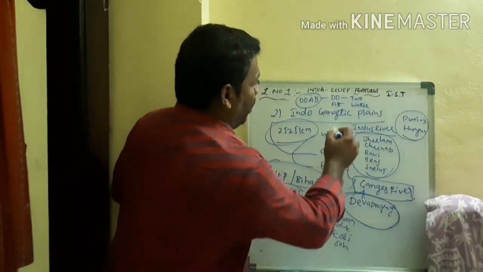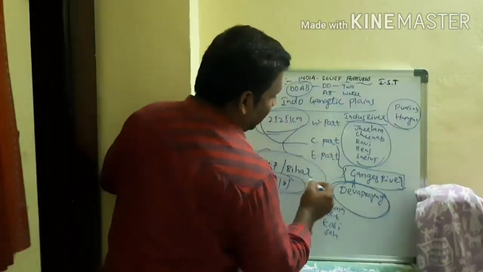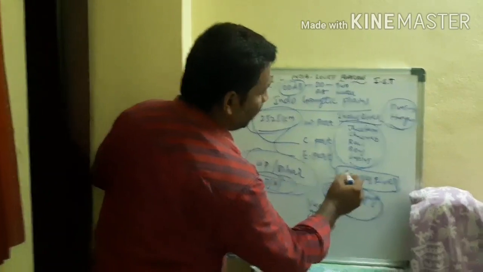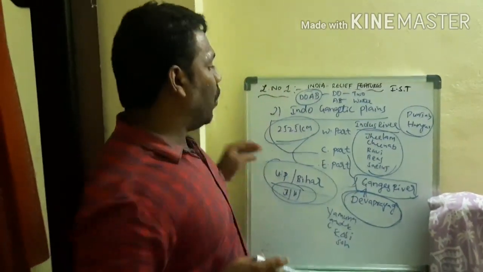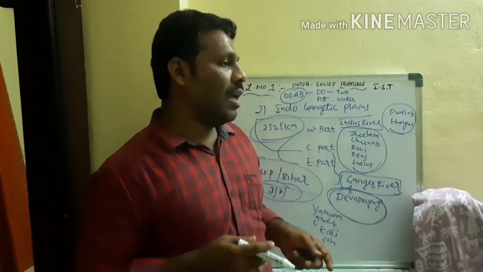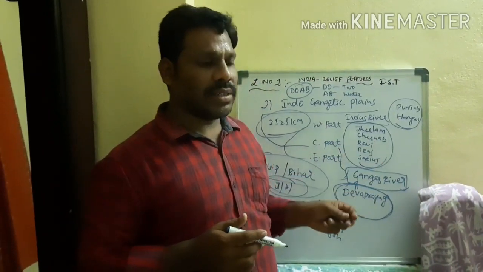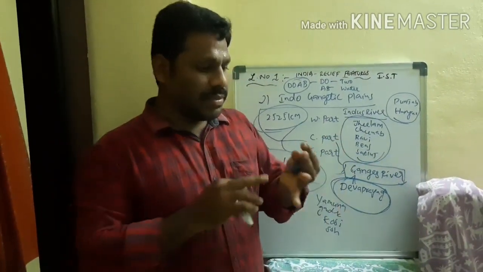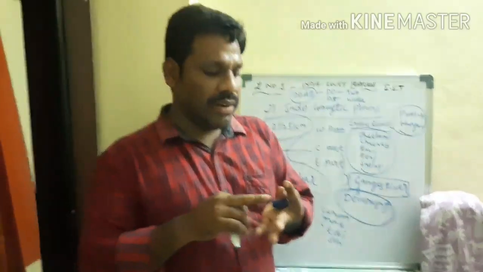After the central part is completed by the Ganga river, here we find the rivers flowing through the eastern part along the foothills of the Shivaliks. They carry sediments, small pebbles, and small silt.